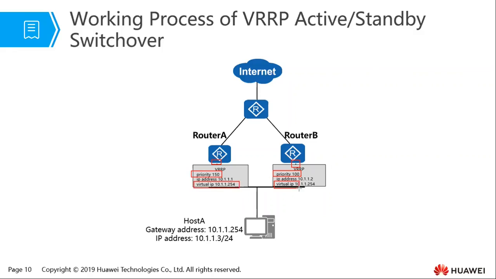Both of them have the same virtual IP address. Any traffic from this particular network is going to be forwarded via the master, so this other router is just going to be idle all the time. That is what we call the active standby mode.